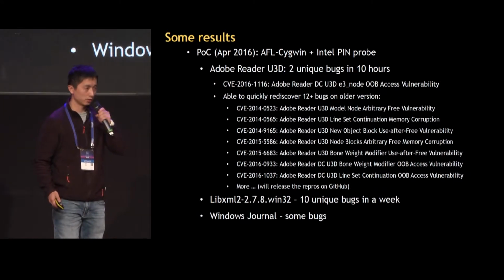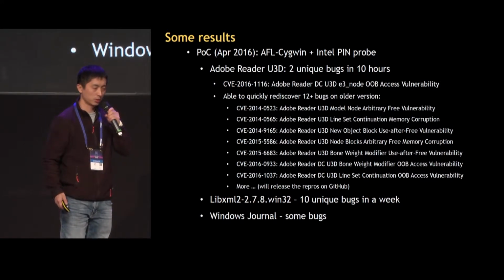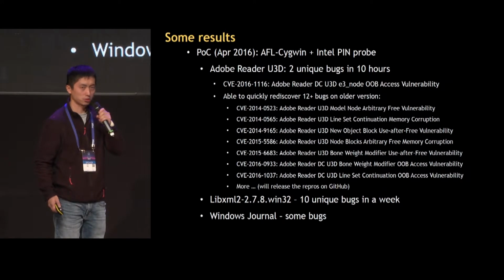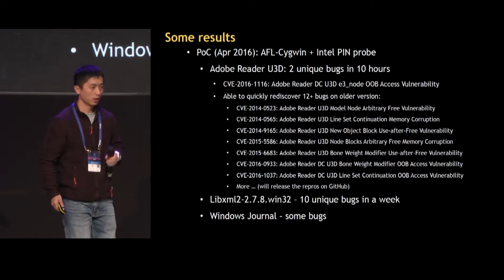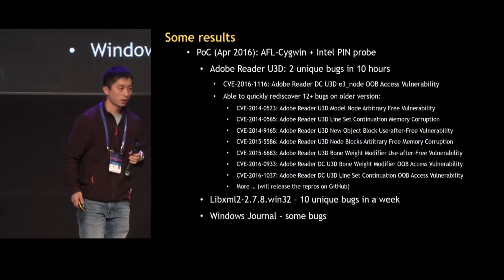We tested on the 3D parsing library in Adobe Reader. In around 10 hours, we found about 800 paths, and there were 2 crashes that were new at that time. One was a denial of service, the other was a memory corruption.